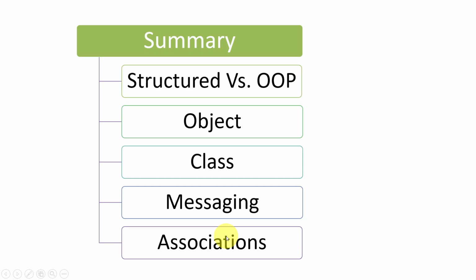So in summary, in this particular session, we discussed the basic difference between structured programming and object-oriented programming, the basic concepts of object-oriented programming, the concept called object, the concept called class, messaging, and finally the concept called association.